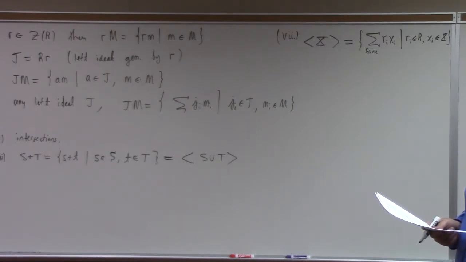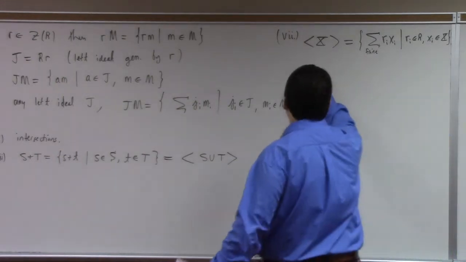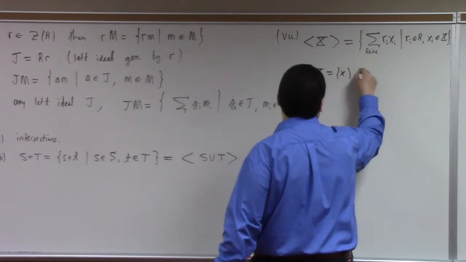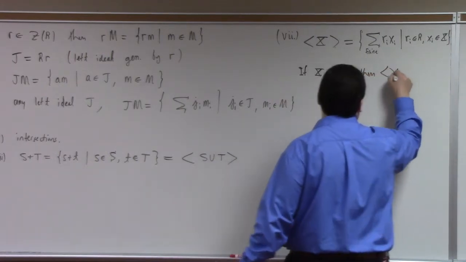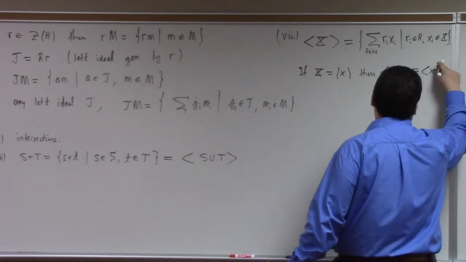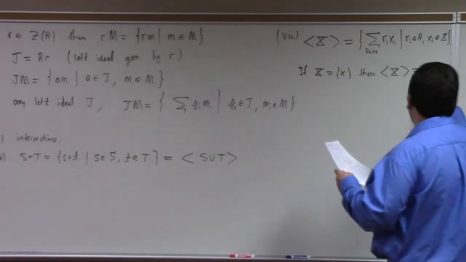And in the case that the generating set is a singleton, we allow ourselves a slight abuse of notation, right? If X is just the set containing x, then our notation is that this is actually just that. And this has a name.